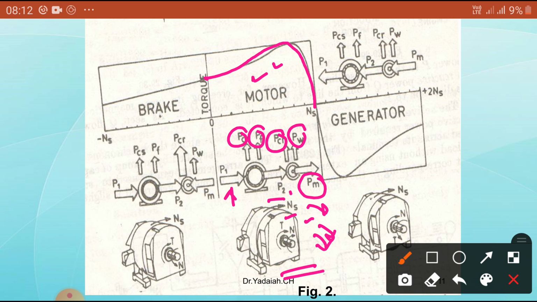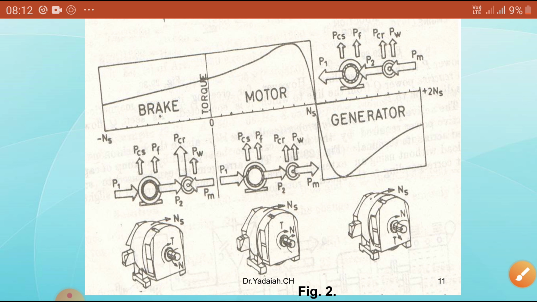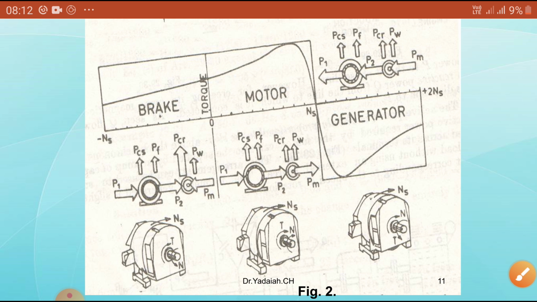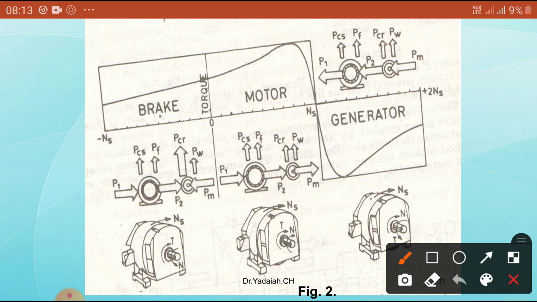Now in this case, the synchronous speed is in the clockwise direction and the rotor speed is also clockwise, but the torque developed is in the opposite, anti-clockwise direction. Here the mechanical power is given to the rotor.